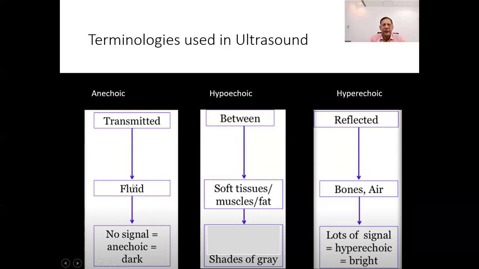In case of hypoechoic, some sound waves are reflected and some transmitted, so the structures show internal echoes with different shades of gray, like in soft tissues. In case of hyperechoic, it is totally opposite to anechoic, in which nearly all the signals are reflected and nothing is transmitted, such as occurs in bones or air or gases.